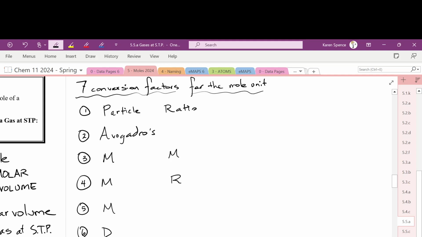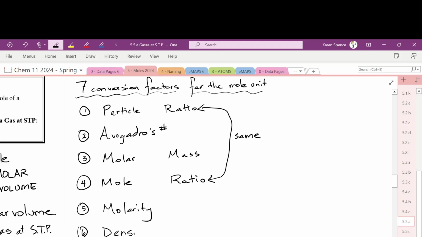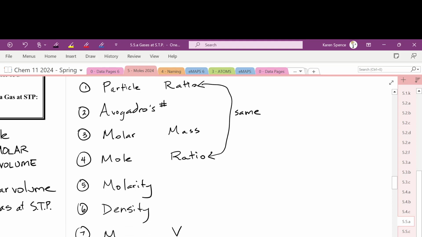Avogadro's number. What does MM stand for? Molar mass. What does MR stand for? Mole ratio. What is mole ratio the same as? These two are the same. Okay, what does M stand for? Molarity. What does D stand for? Density. And what does MV stand for? Molar volume of a gas. Molar volume. And you're absolutely right. We should put of a gas.